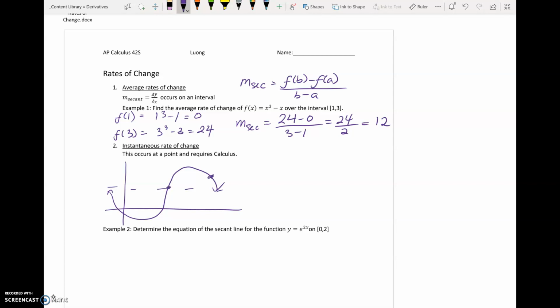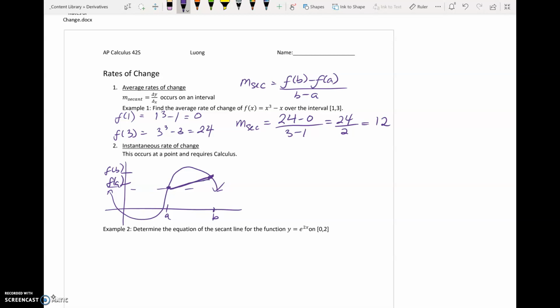So let's just say we have 2 points, A and B. This is going to be your f of A. Here is going to be your f of B. So that kind of lines up with those 2 points. What we calculated before is really the slope between those 2 points, and that would be your secant.